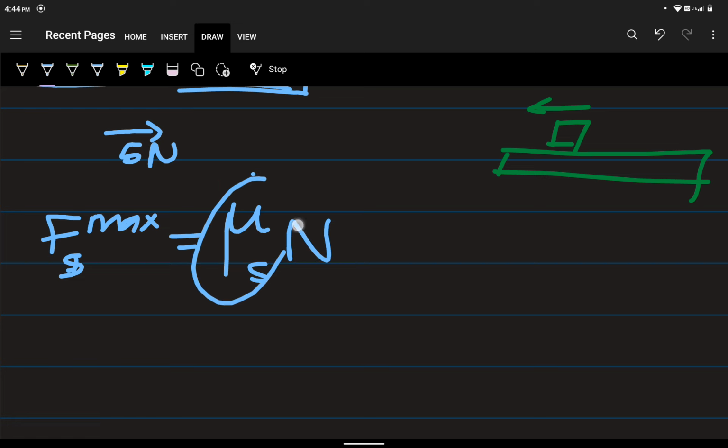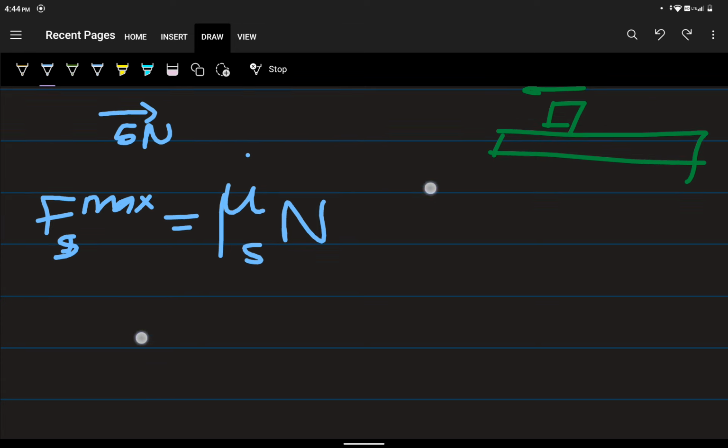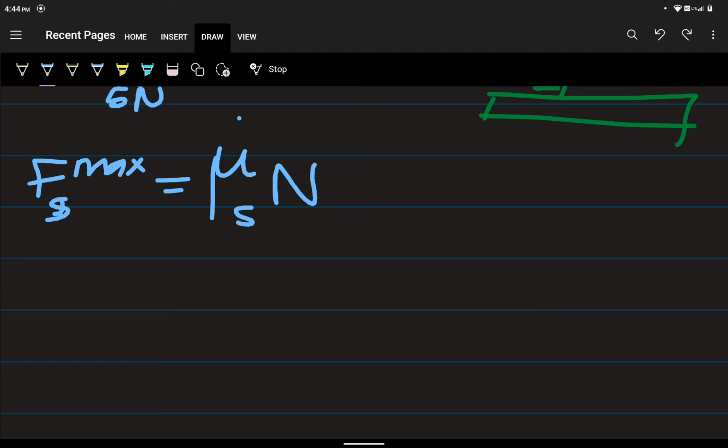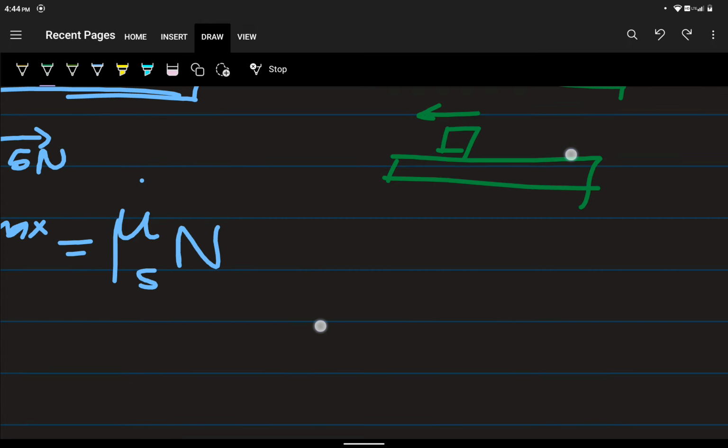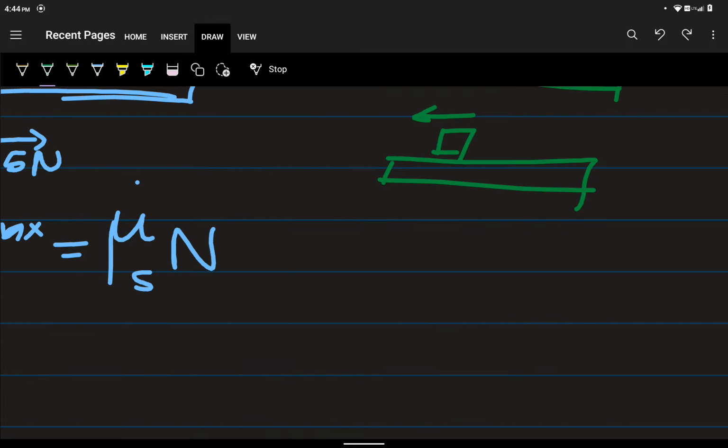So this symbol represents the coefficient of static friction, right? And for the kinetic frictional force we have Fk. Fk is equal to the coefficient of kinetic friction multiplied by the normal force.